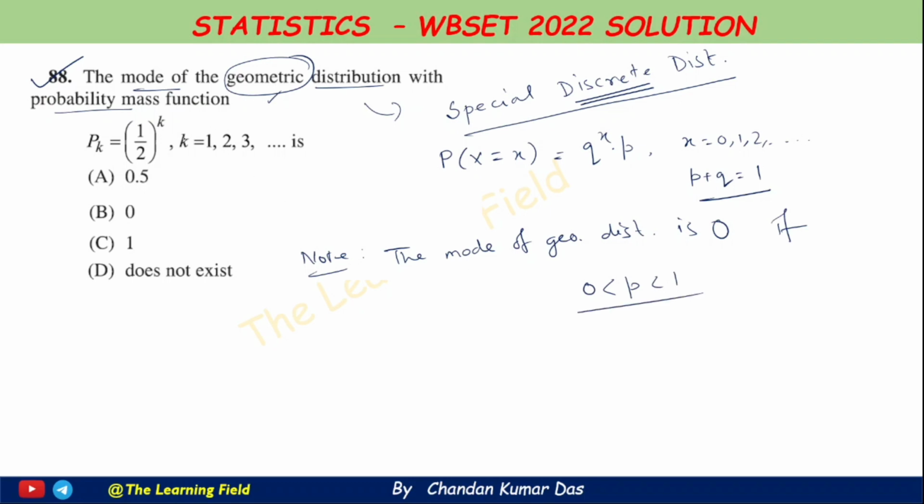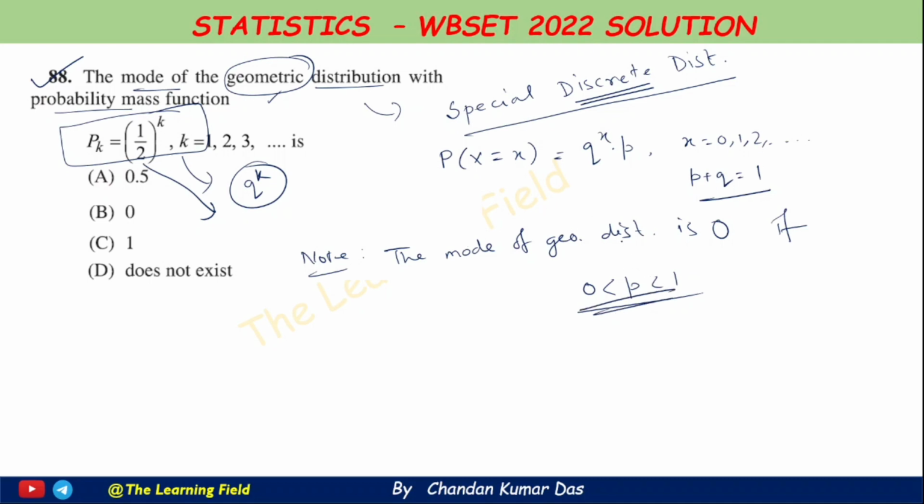Now if we see the probability mass function, we can write it in the q to the power k form. So this is half to the power k, which means the value of p lies between this interval.